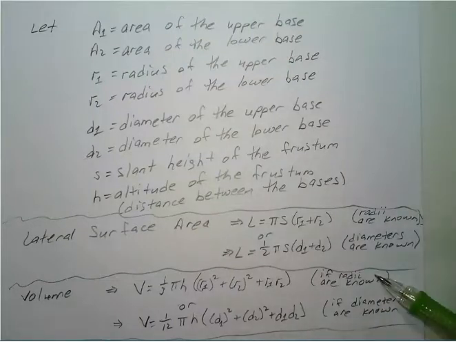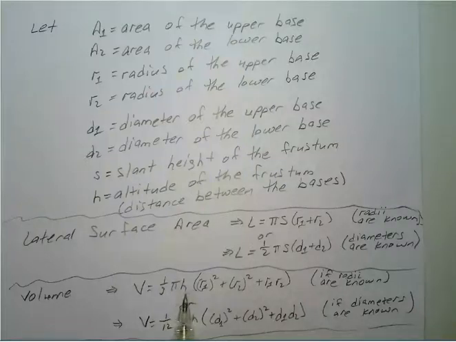Okay, what if we're looking for the volume? Again, if you know the radii, you have 1/3 times pi times your altitude times, you're going to add all these three together first. You have the radius of the upper base squared plus the radius of the lower base squared plus the radius of the upper base and the lower base multiplied.